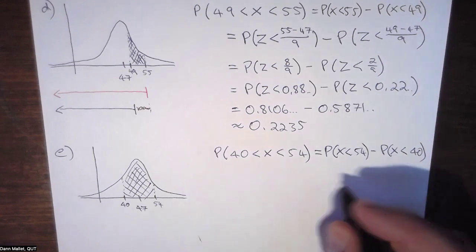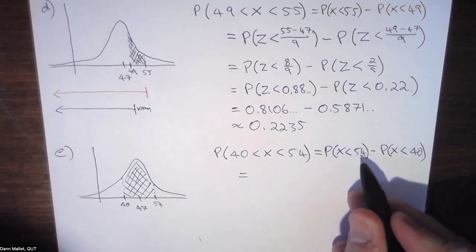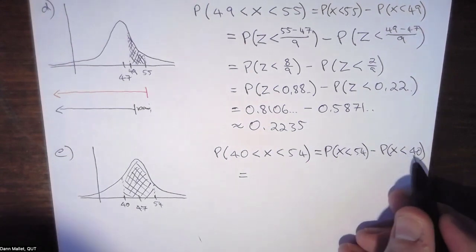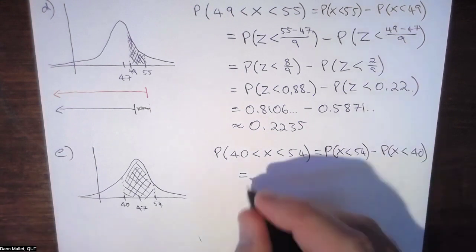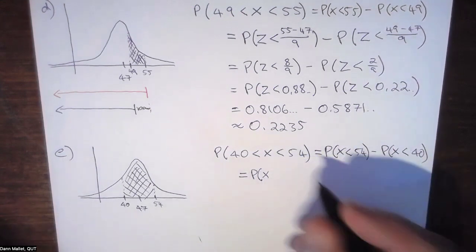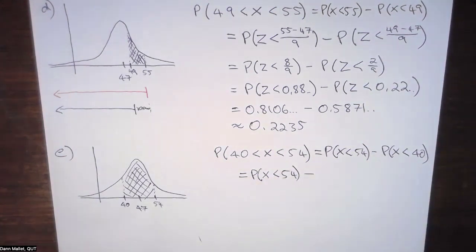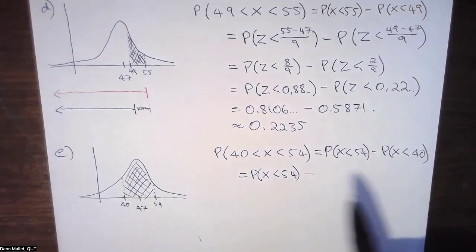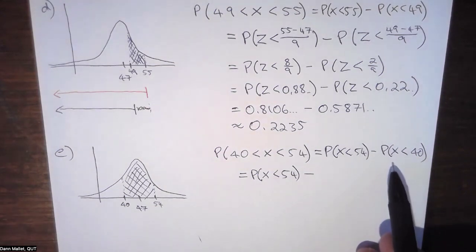Okay, now to do this one, we're fine to go straight to standardizing 54. But we need to work on this one first. So I'm going to do that before I change to the Z variable. So I'll leave the first one as the probability that X is less than 54, just for now. And you might remember that the probability that X is less than 40 is exactly what we did in part C of this problem.